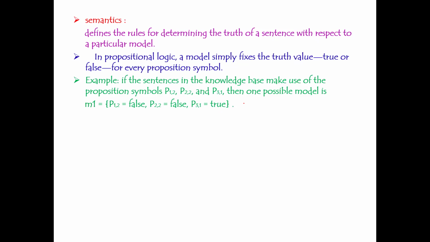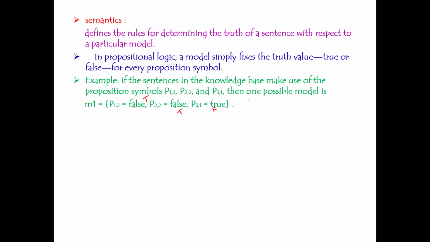What is the other possibility? P1,2 can be true, P2,2 can be false, P3,1 can be true. Either I can make it true or I can make it false. I will make this true and this false, and now I get one more model. Next time I will change again.